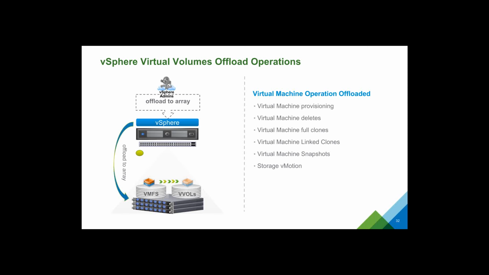Actually, one of the things that we have been talking to VMware about is the possibility of getting rid of the idea of storage vMotion between vVols entirely, and simply saying it's in a different storage container, and not actually have to do any data movement at all. So we'll see what happens there.